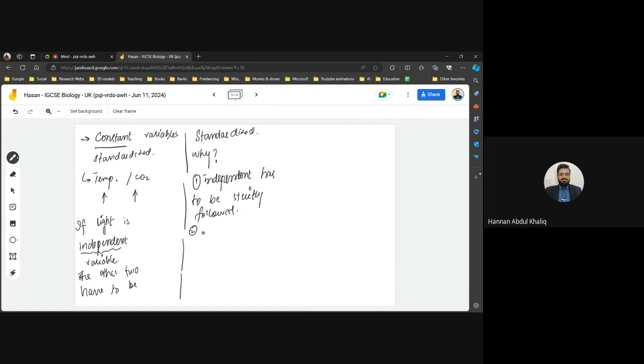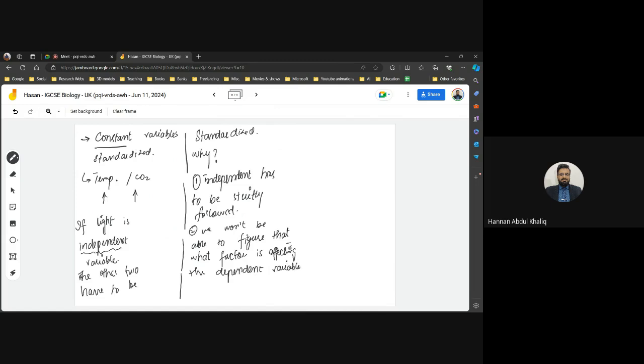Number two, we won't be able to figure out what factor is affecting the dependent variable.